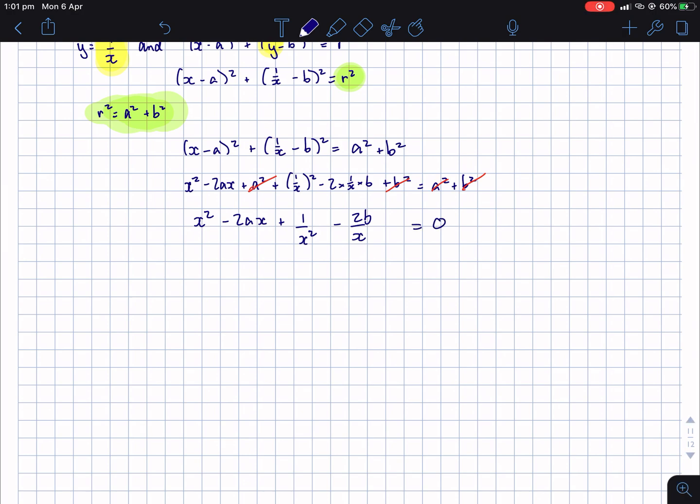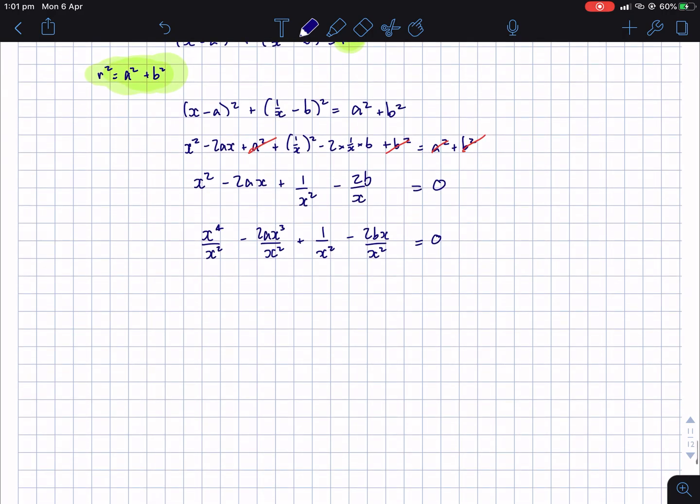If I put all this together with x squared on the bottom, that's x to the 4 on x squared take 2ax cubed on x squared plus 1 on x squared take 2bx on x squared equals 0. And then I'm going to multiply out by x squared. So I get x to the 4 take 2ax cubed take 2bx plus 1 equals 0.